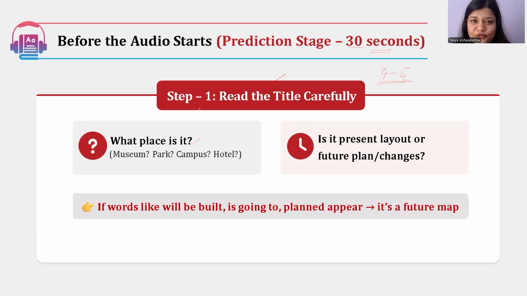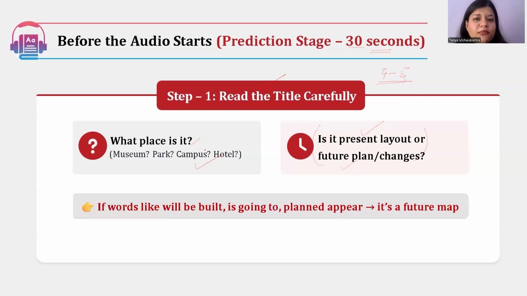Now, the next thing that you need to be very careful about is whether it is the present layout or the future plan or the changes they're talking about. You're barely going to get this in your IELTS map examination. You just need to make sure that you get a map and how you are going to navigate through it.